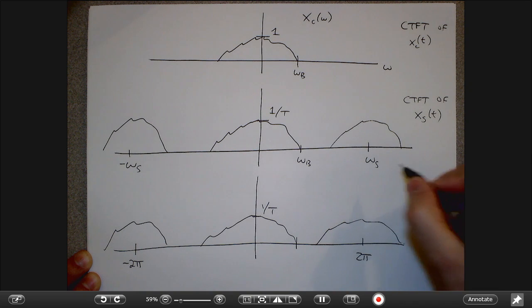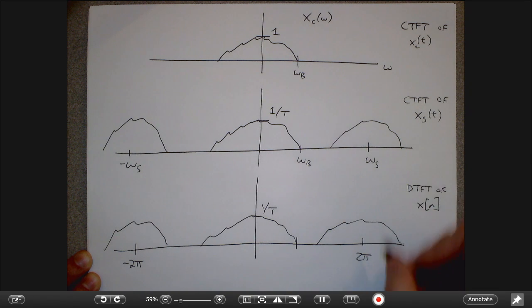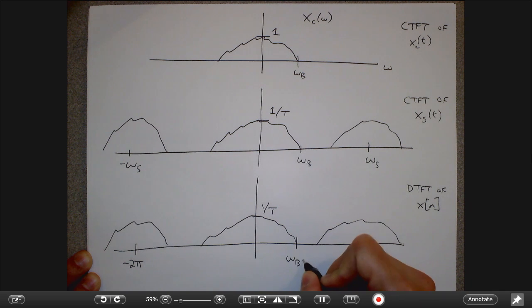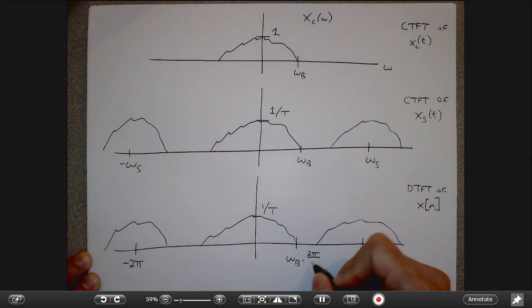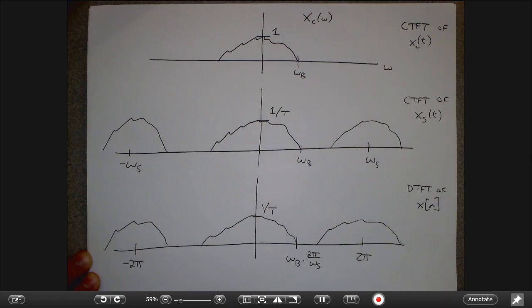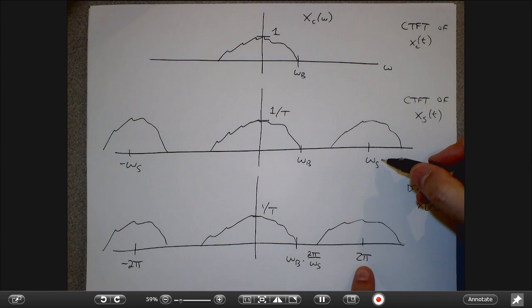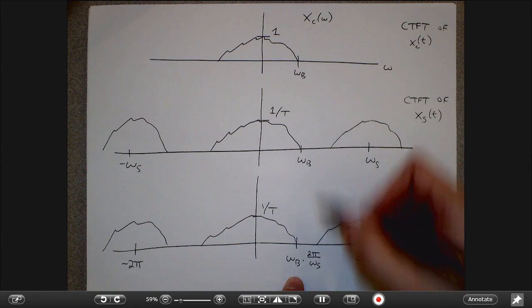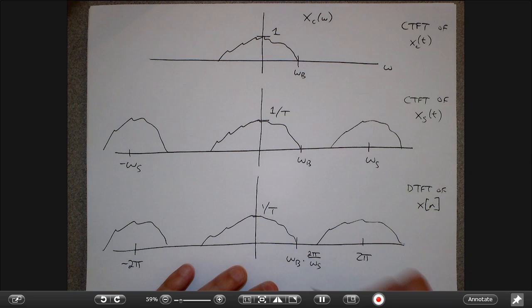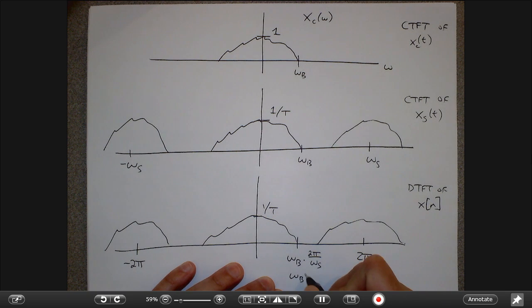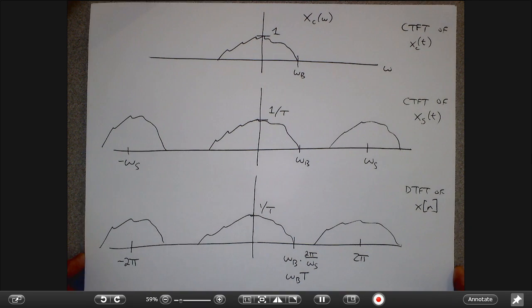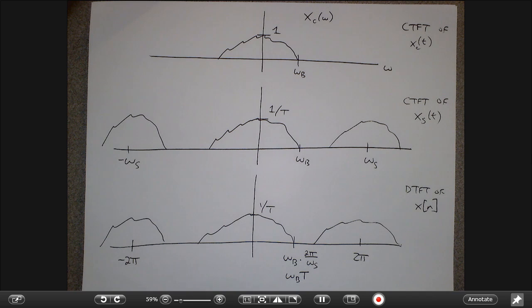Well, I need to multiply this by 2 pi over omega s, right? Because what used to be omega s becomes 2 pi, and what used to be omega b gets multiplied by this ratio. And 2 pi over omega s is just T, which was my sampling period from before.